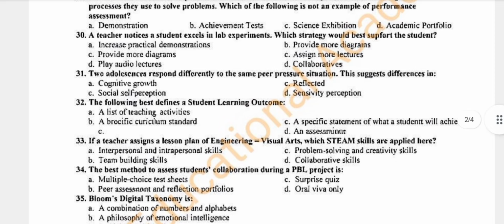Question number 32. The following best defines a student learning outcome, and the correct option is a specific statement of what students achieve. D option is correct. You should clearly look at the options in the images, so I have modified the images.